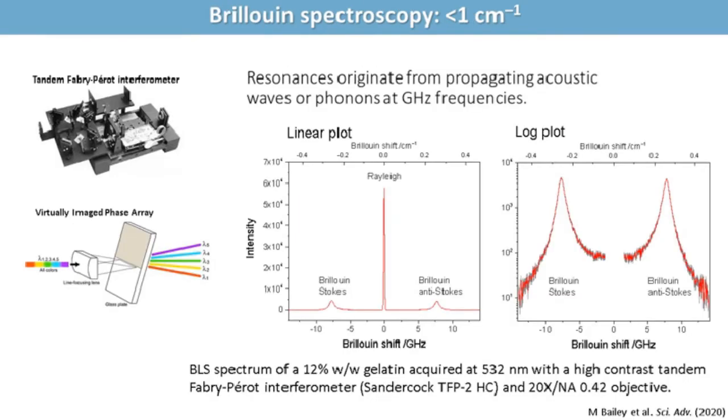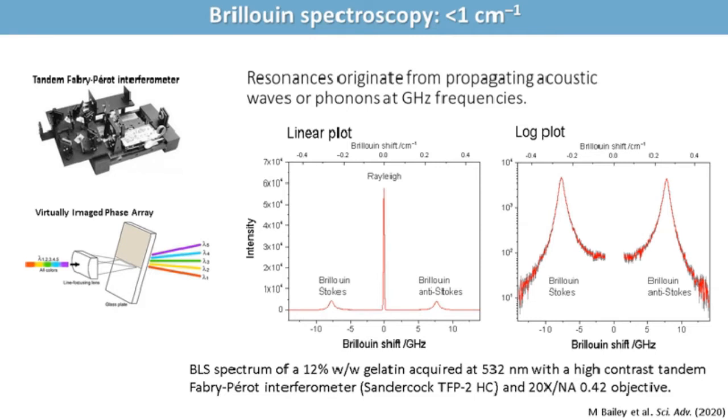Brillouin spectroscopy poses some restrictions, as I said, on the quality of the filter in order to analyze the light that emerges from this scattering event. The traditional approach is to use high-contrast tandem Fabry-Perot interferometers.